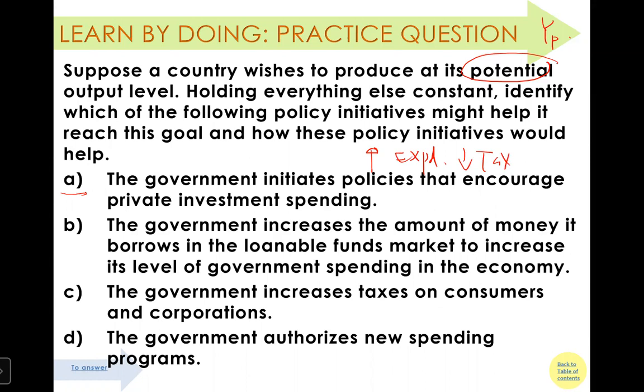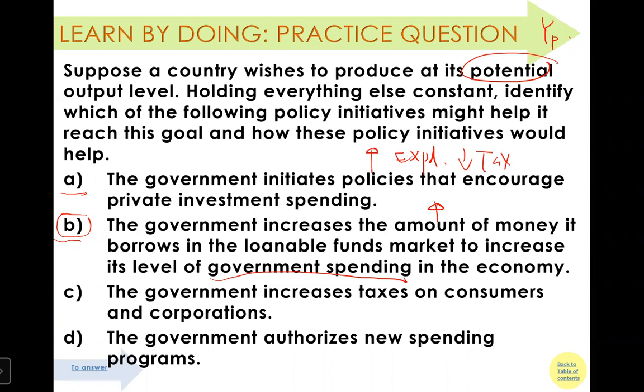B, the government increases the amount of money it borrows in the loanable funds market to increase the level of government spending in the economy. So this question is a little bit tricky. There are two parts. Part number one, the government borrows to increase government spending. So in that sense, it will help.